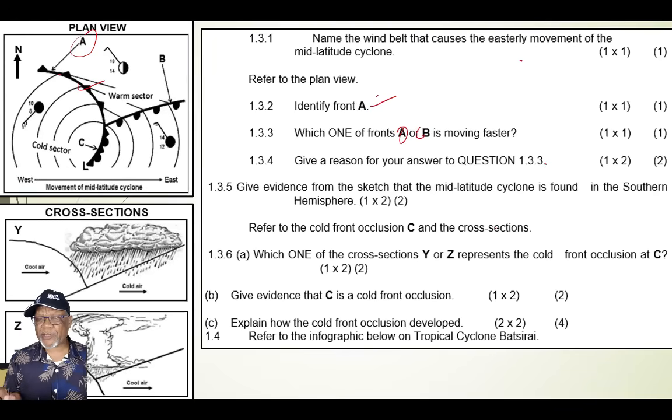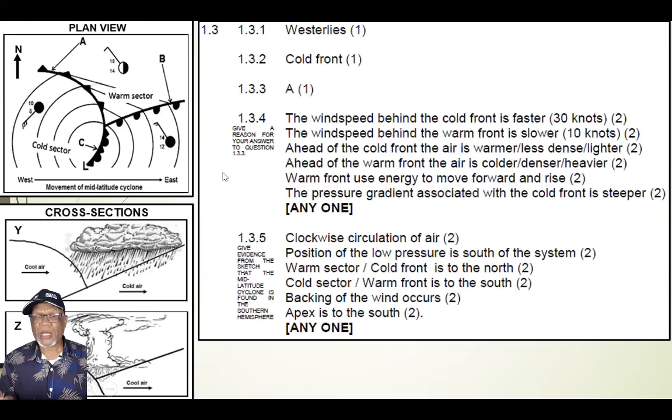They say, give evidence from the sketch that the mid-latitude cyclone is found in the southern hemisphere. It is because the wind speed behind the cold front is faster.